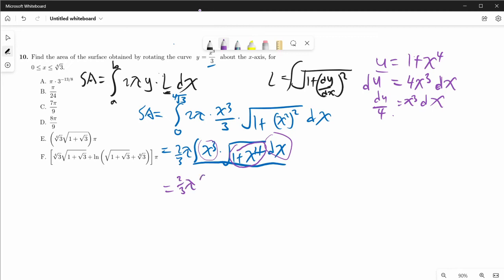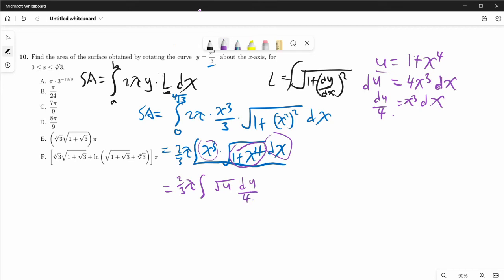Outside constants don't change. I'm not going to worry about the bounds of the integration for now. I will u sub x back in and then use the original bounds of integration. So here we have square root of u, this part, du over 4.